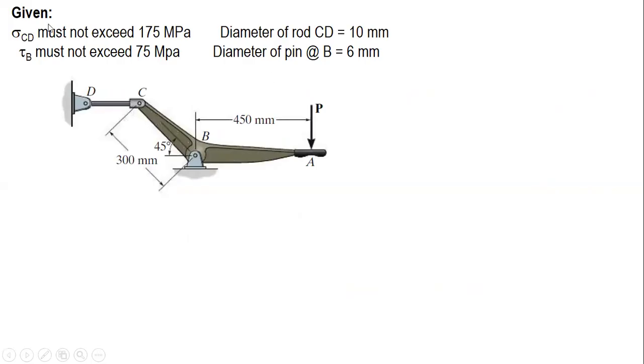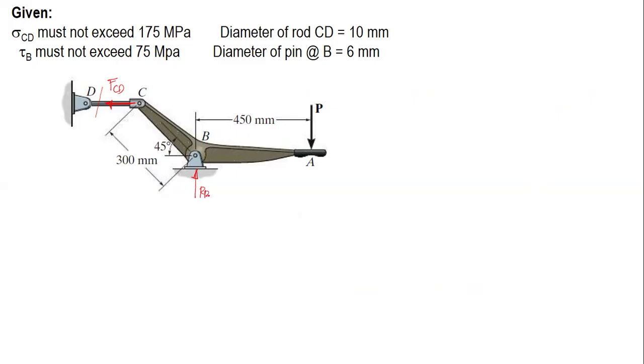So we will cut rod CD and then we will put the force. Okay, so it's force or tension CD. And then for B, since the support is a pin, we have two reaction components.